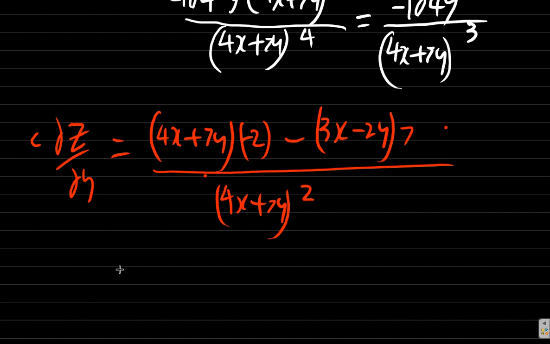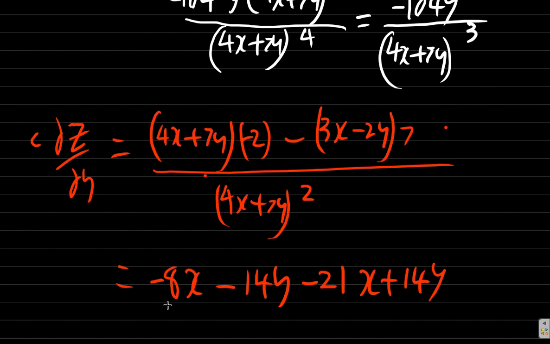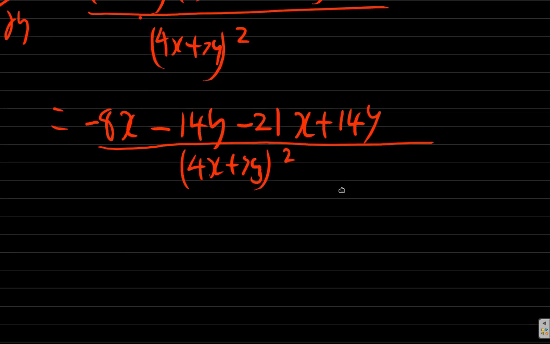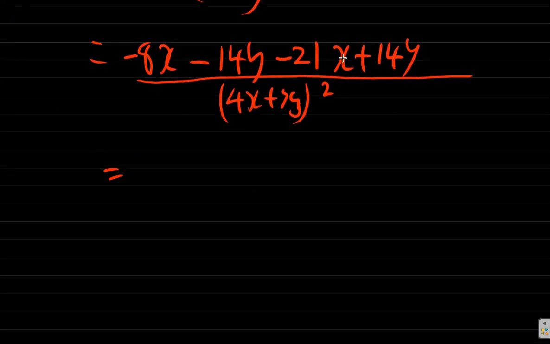Alright, so when you open the bracket, you will have negative 2 times 4 is negative 8x, minus 2 times 7 is 14y, minus 21x plus 2 times 7 is 14y, all over (4x plus 7y) squared. Negative 14y plus 14y, that's gone.